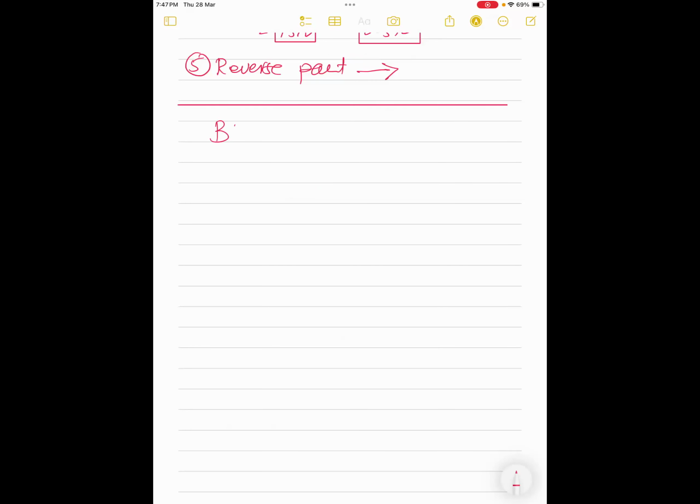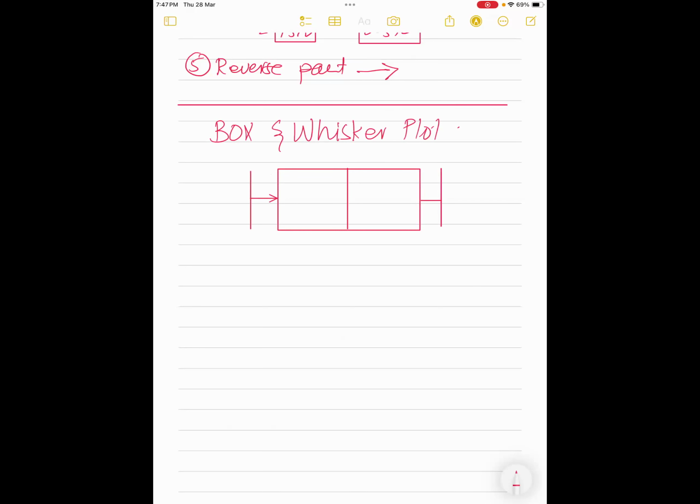We have the last diagram, which is the box and whisker plot. So beta, this is the box and whisker plot. Okay. Mistakenly I made an arrow here. It's not an arrow. Beta, there are 5 vertical lines.